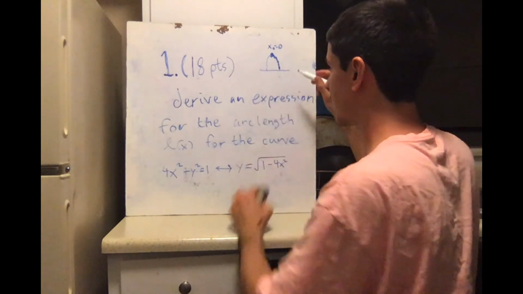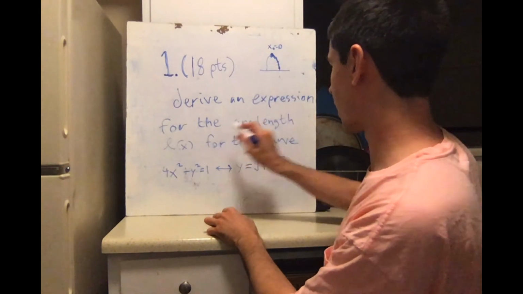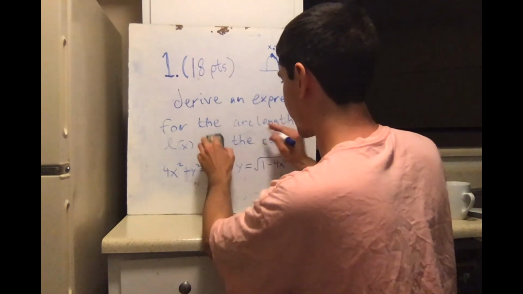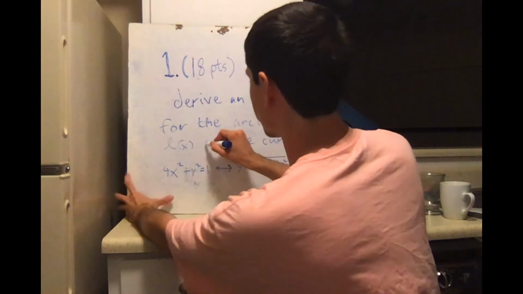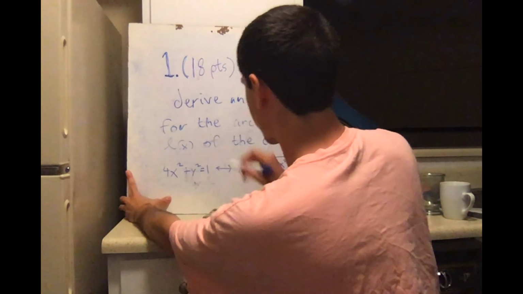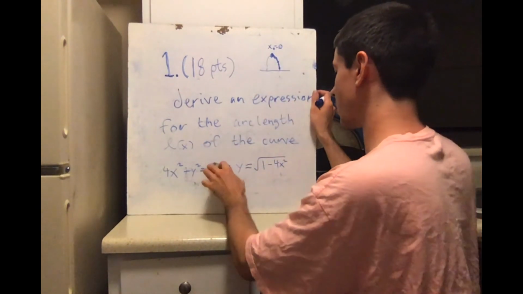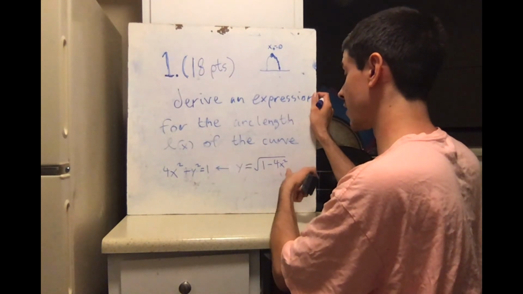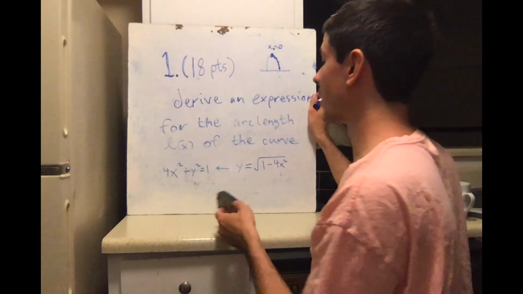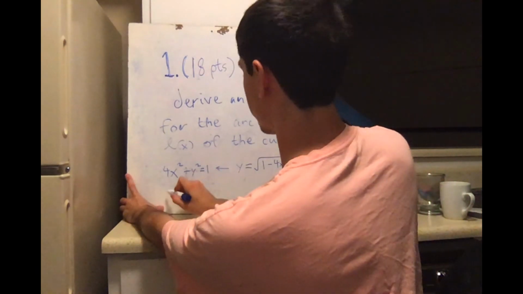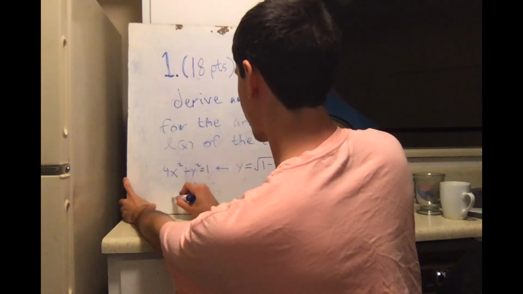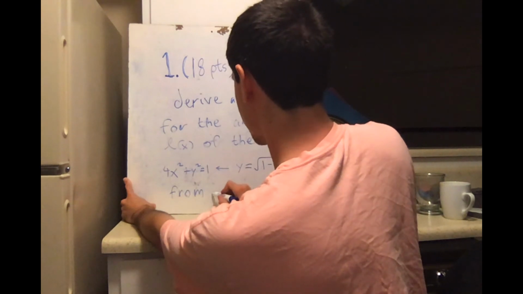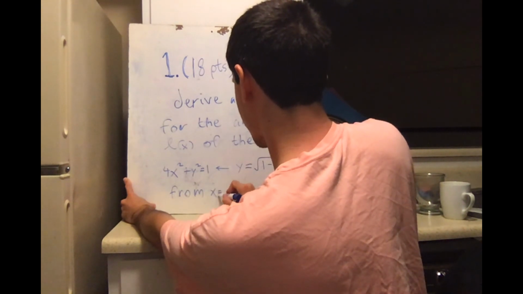So derive an expression for the arc length L of x of the curve y equals the square root of 1 minus 4x squared, from x0 equals 0.